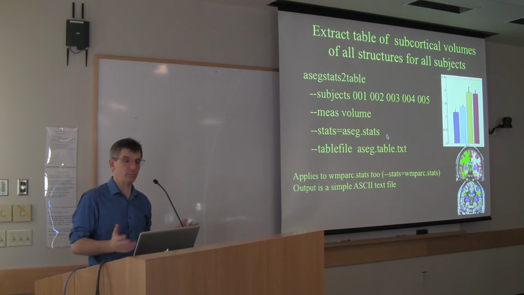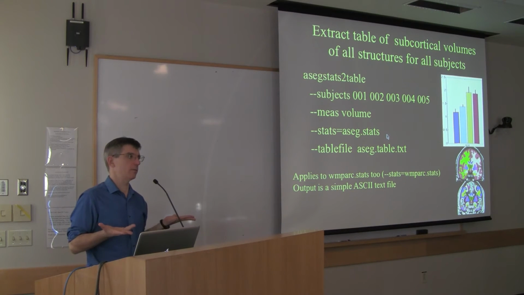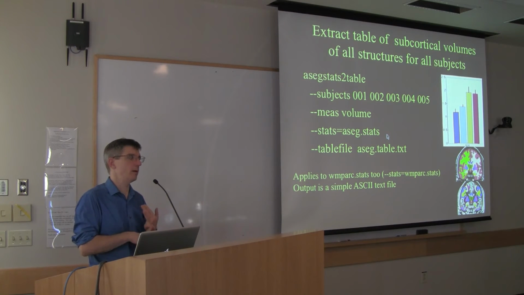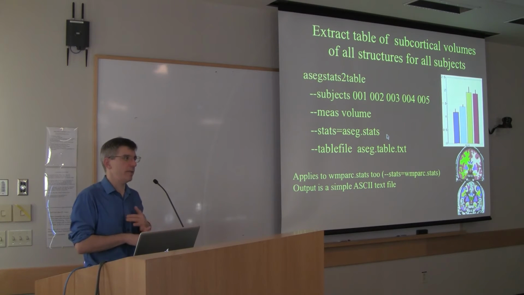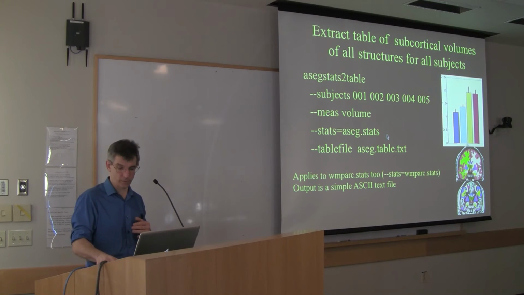So with the aseg, the main thing that you're going to be interested in is the volume of the structure. Maybe it's possible to look at, say, the mean T1 intensity. I'm not sure that would be very informative. But mainly for the aseg, you're only looking at volume.